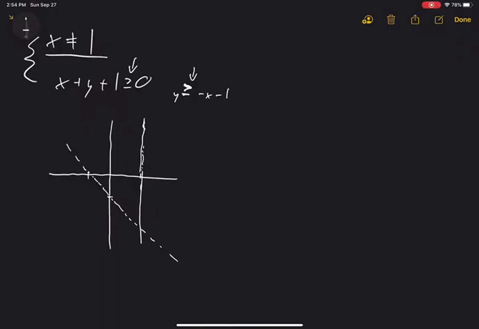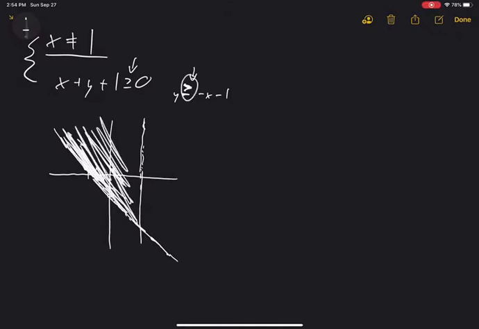What does that mean? Let's say this is my boundary. The x and y's that satisfy this inequality would be everything above that line, including that line, because we have greater than or equal to.